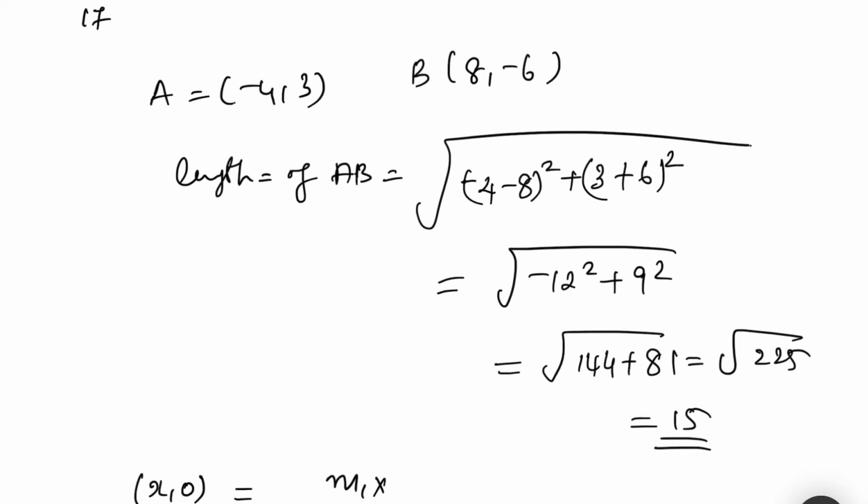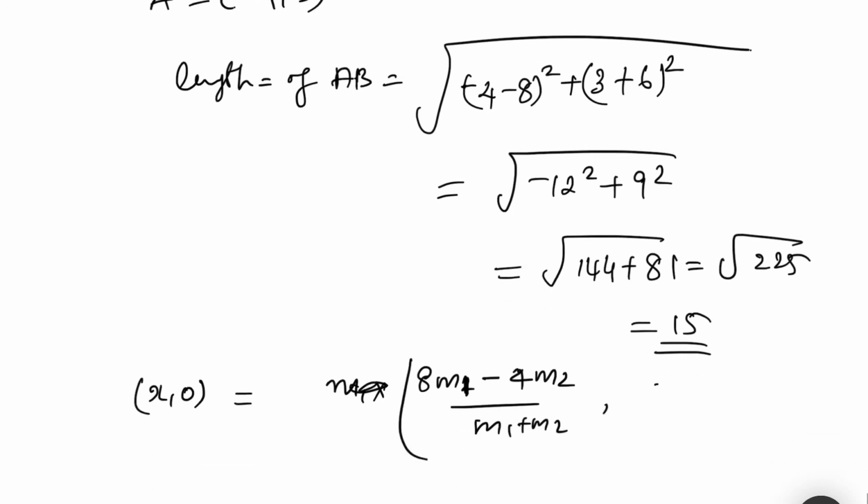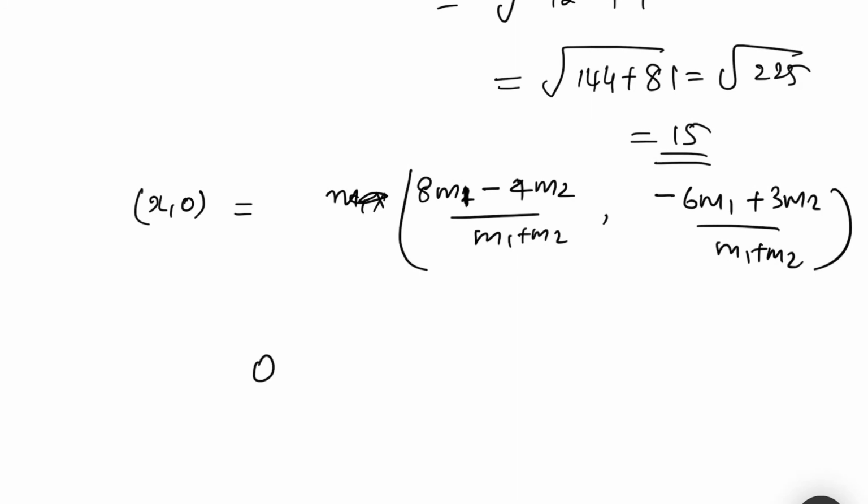I can directly take (8m2 - 4m1)... sorry, (8m1 - 4m2) by (m1 + m2), and next we have (-6m1 + 3m2) by (m1 + m2). So you can take it as 0 is equal to (-6m1 + 3m2) by (m1 + m2).